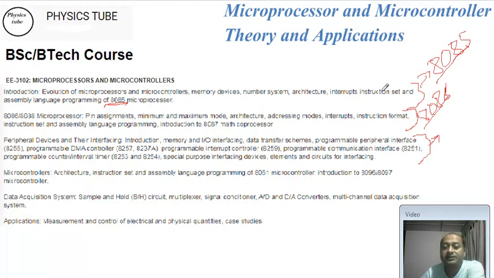Then the second part is the same as our embedded course. This is microcontroller. We are dealing with the 8051 microcontroller, that is the basic microcontroller. We'll deal with that, and we also deal with some of the programming languages, what we call assembly language, and we'll go to the basics of this.